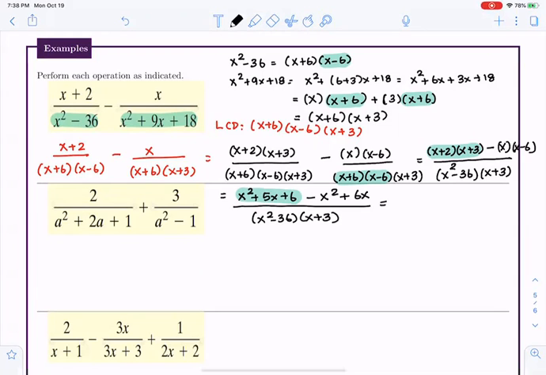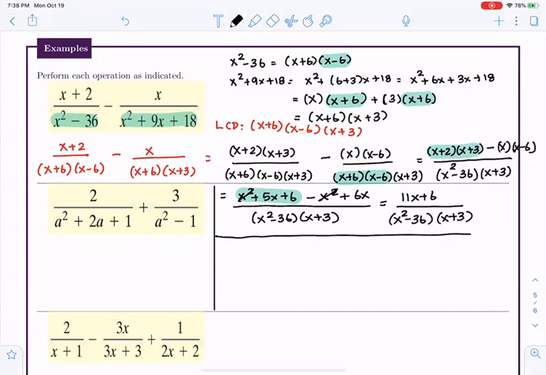The x squares will get cancelled, 6x plus 5x is 11x and plus 6 divided by x squared minus 36 times x plus 3. And sadly, we cannot simplify that any further. So that's the best we could do because there aren't any common factors.